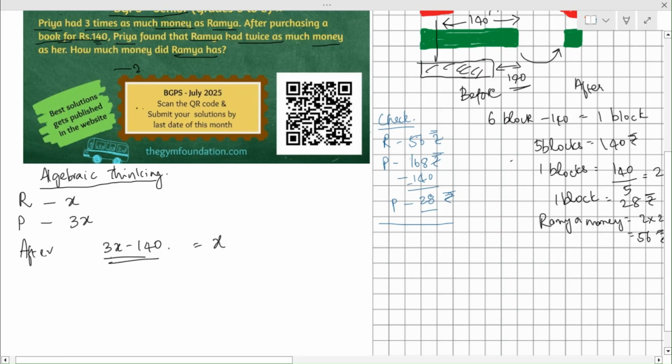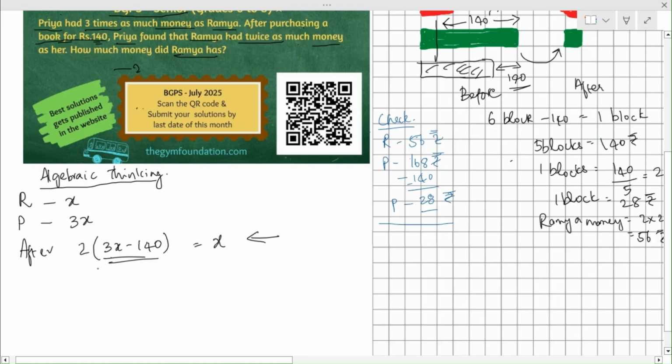So it is 2 times Priya's money after buying the book that Ramya is having. This is the crucial part of translating the second part of the statement into an algebraic expression, and then equating it to x.